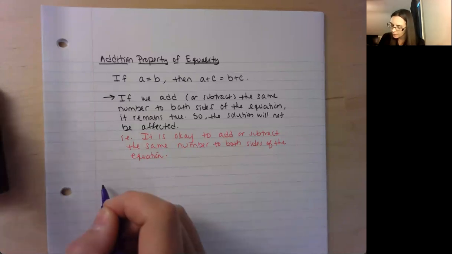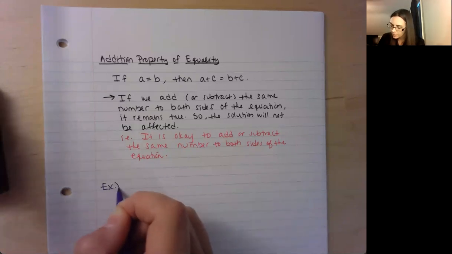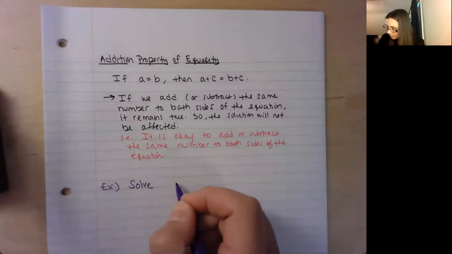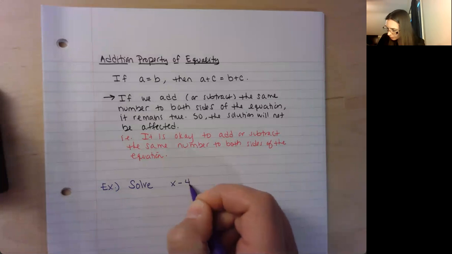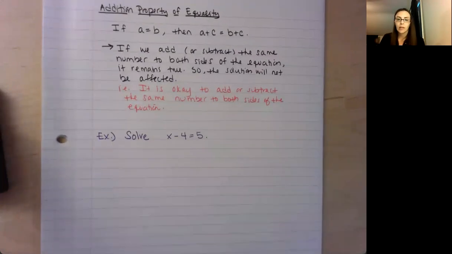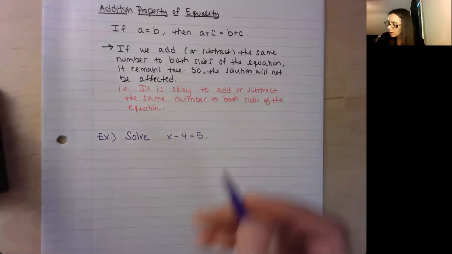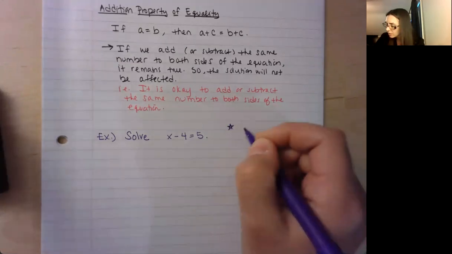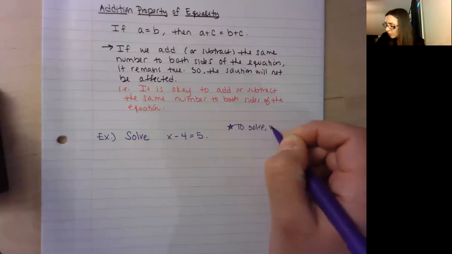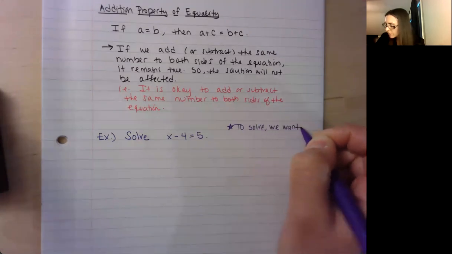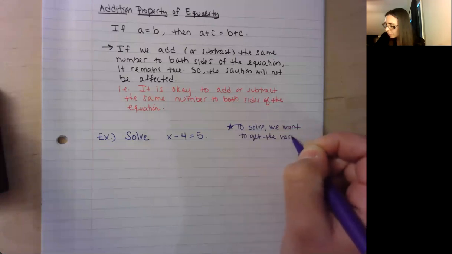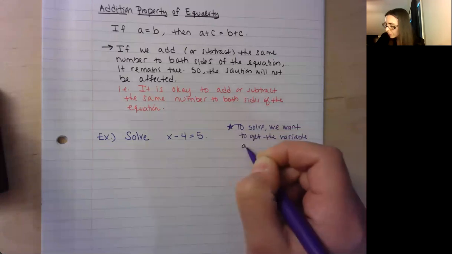So for example, let's solve the equation x minus 4 equals 5. I do want to note that to solve, we want to get the variable alone.